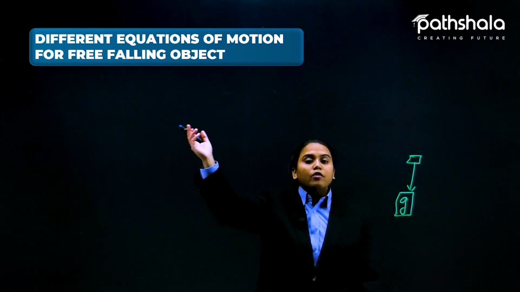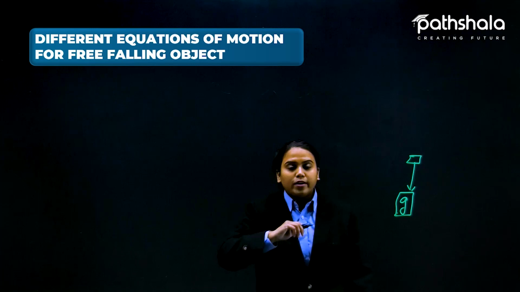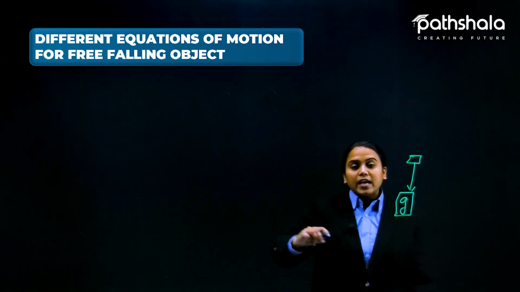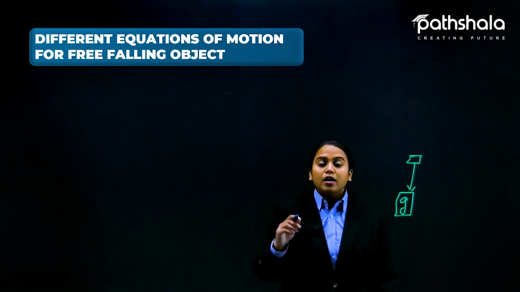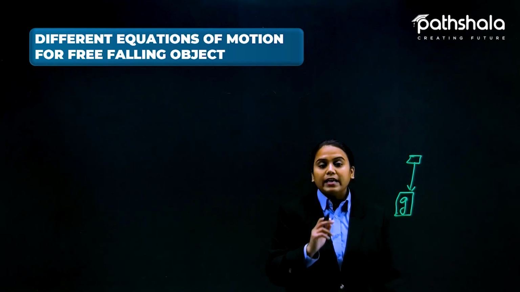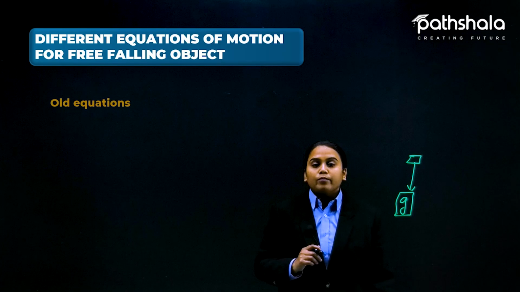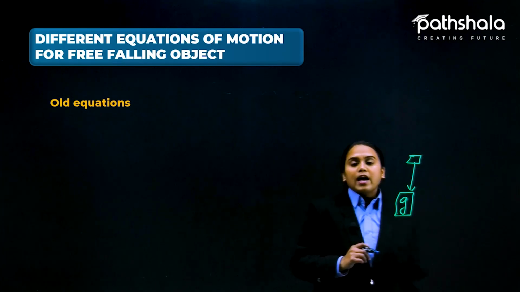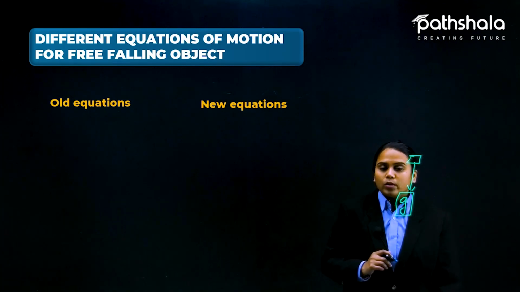Mark my word, here we have taken these only for free falling objects, not for objects that you are throwing at somebody. Then you have to take the same equations of motion that we have read in chapter 2. So students, here we have the old equations and the new equations.